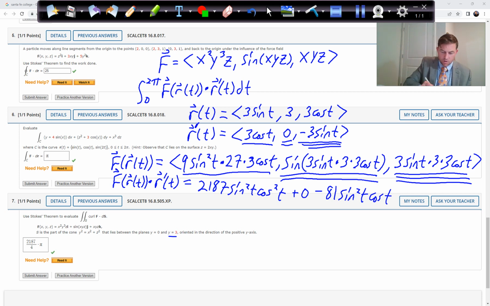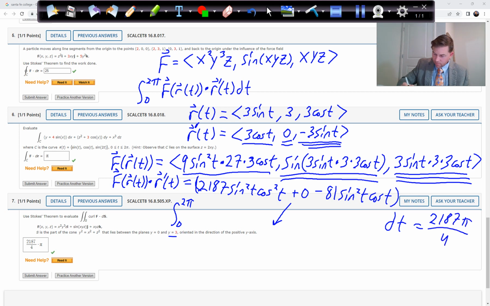And so we're going to put that into the integral from 0 to 2 pi of this dt. And if you do that single integral, you will get 2187 pi all over 4.